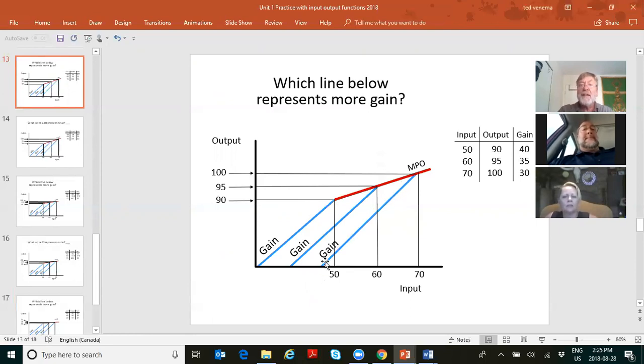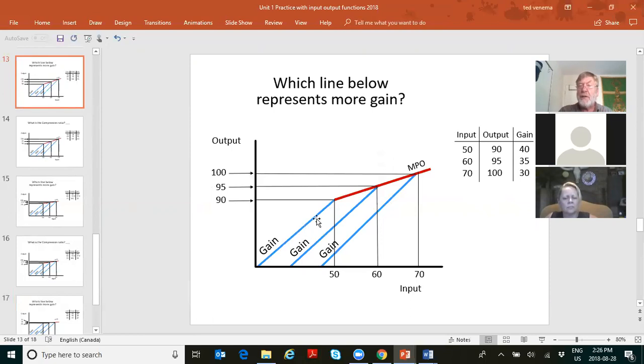If I'm looking at this line, where am I going to meet 90 output? There. So I'm going to need 63 maybe, to give me a 90 output. That's less than 40.